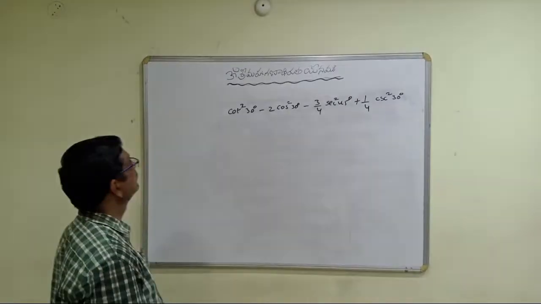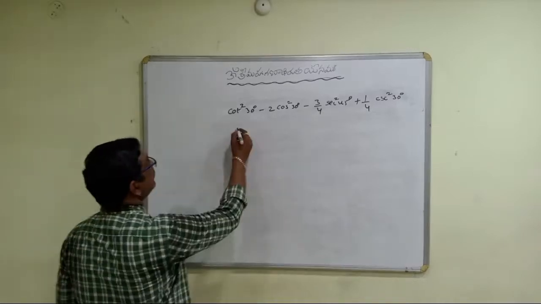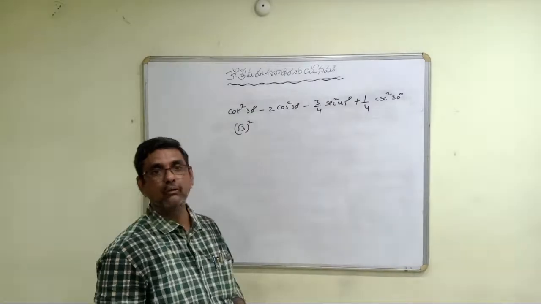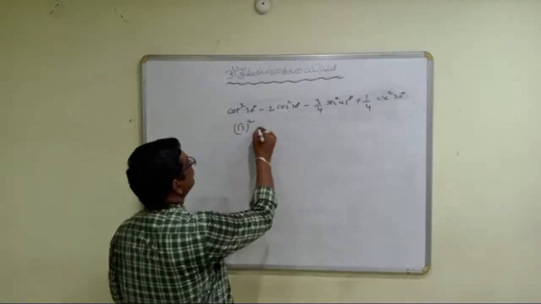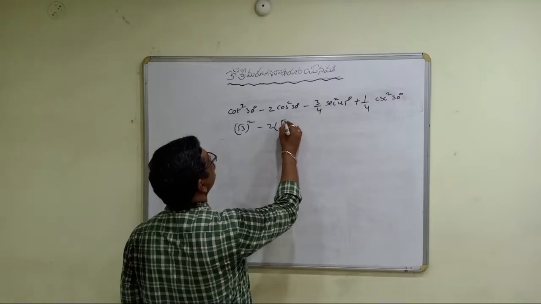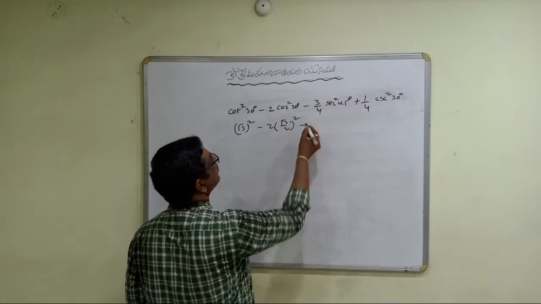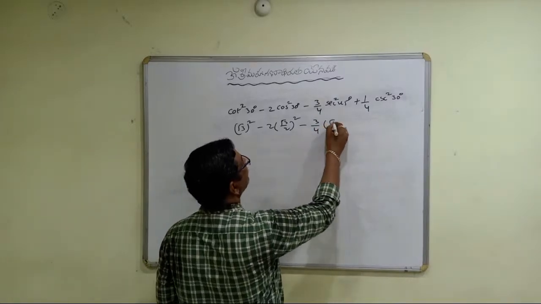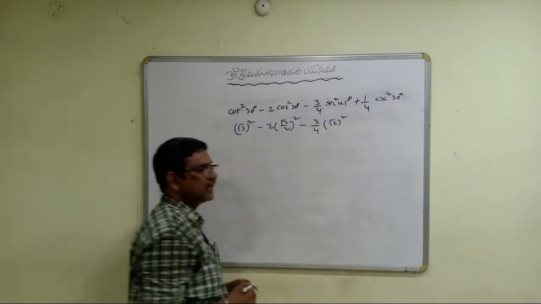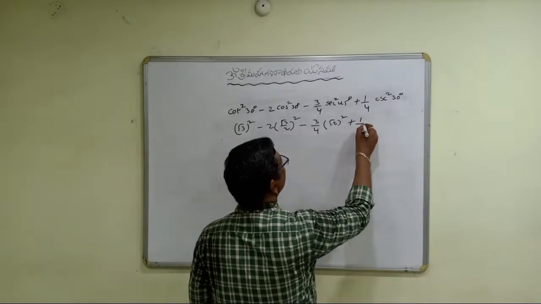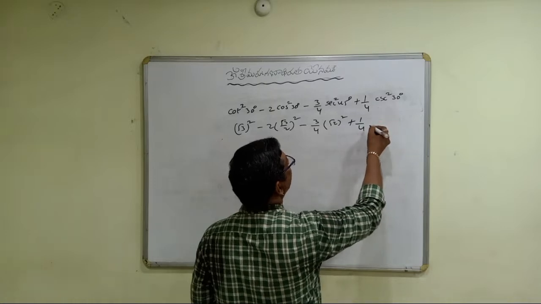See, what is cot 30? Cot 30 is root 3, whole square. Next, 2 cos square 30, which is root 3 by 2 whole square. 3 by 4 into secant 45, root 2 whole square. Next, 1 by 4 cosecant 30.